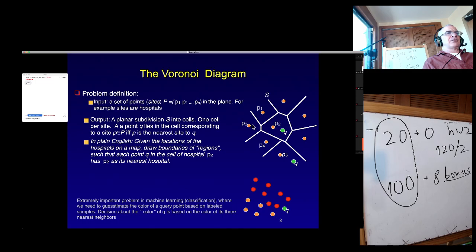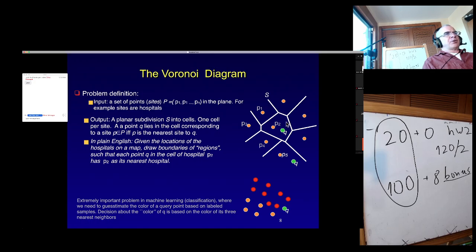Here is a cell of P3 and so on. So I want to break the whole plane into cells, generating this subdivision of the plane called a planar subdivision, such that each one of the sites, the hospitals, will have its own cell. P3 will have a cell that looks like here. P2, we already talked about its cell.